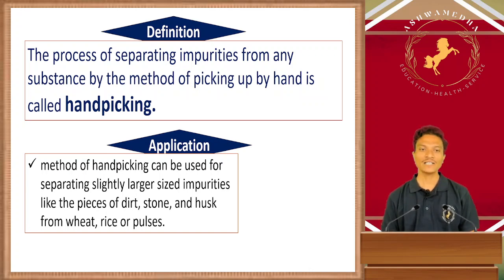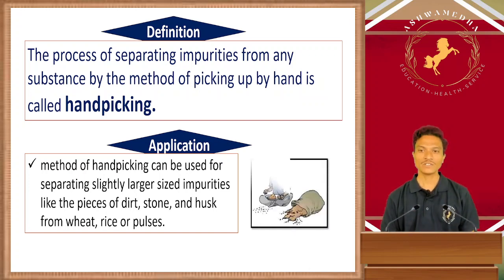At the time of cleaning of wheat, rice or any grains or pulses, we are using the method of handpicking. In this method of handpicking, the impurity size should be a little bit larger or smaller than the useful substance. There should not be much variation of size. Okay? See, in the picture you can observe a person is sitting and separating the impurities from the grains.